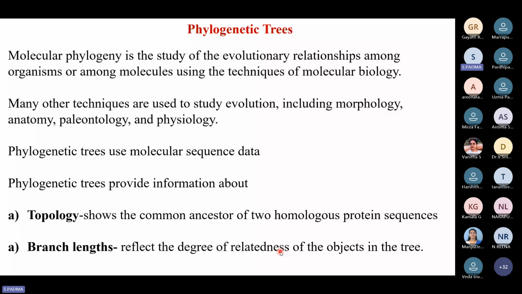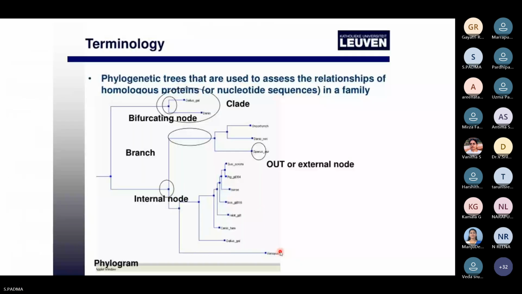So let us see the terminology here. What is the terminology which comes across when we go into phylogenetic tree construction? The important terminology which you can see here is a branch. As you can see here, the branch is one terminology. Node. This node is of two types. One type is the internal node, another is the bifurcating node, and an external node.